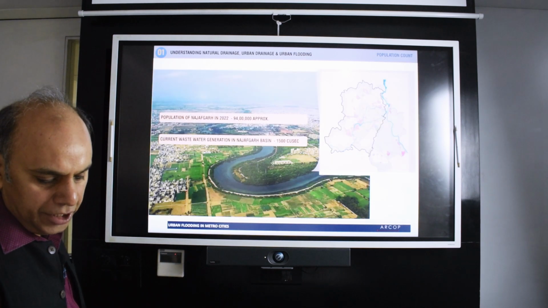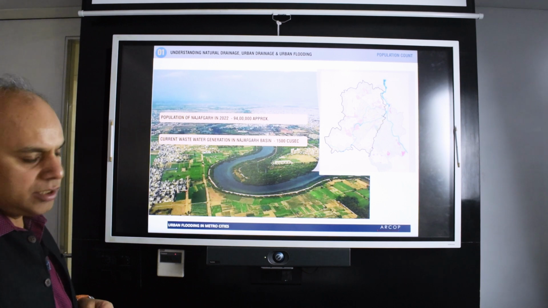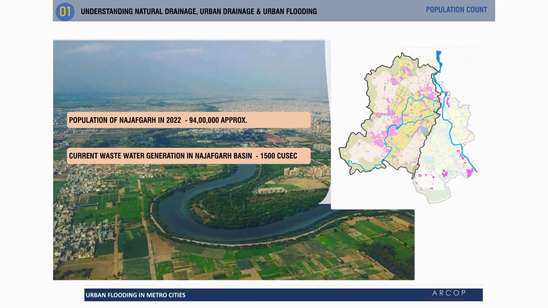So fundamentally, understanding some more facts, the population of Najafgarh in 2022 as recorded is 94 lakhs, 9.4 million people. So if we say today, it would have almost reached 1 crore, which is 10 million people.